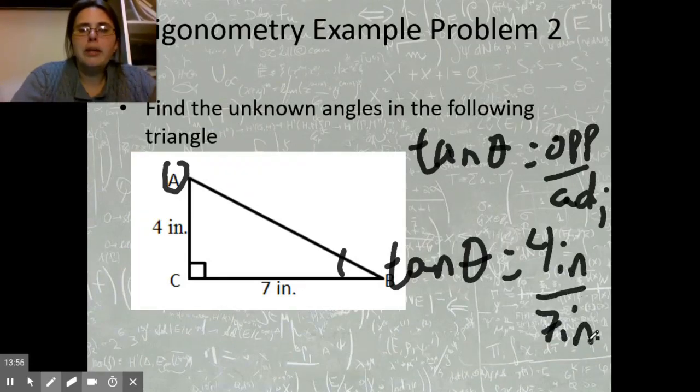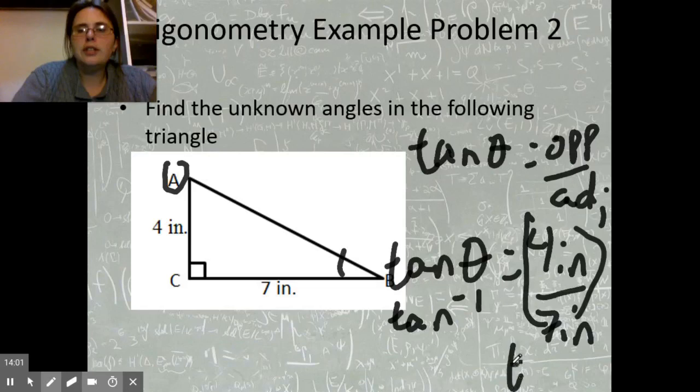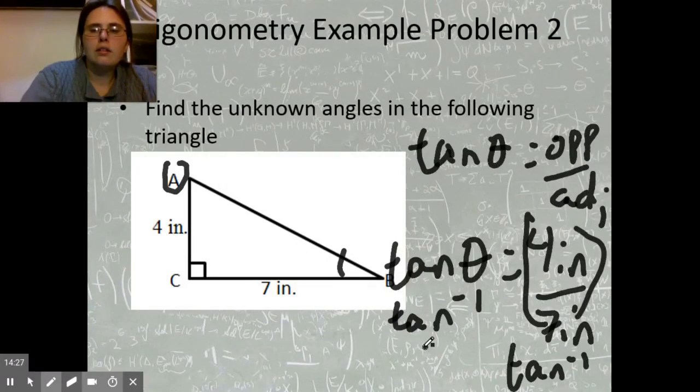And to get the theta by itself, it's inverse tangent. Okay, and we can put that into the calculator, and we get 29.74. So theta equals 29.74 degrees. And this is angle B.